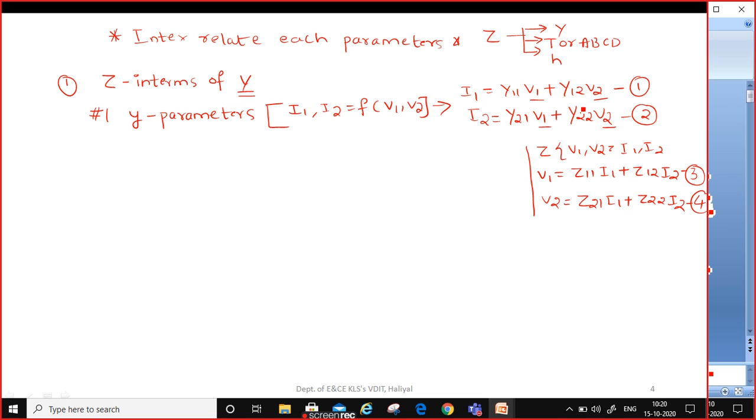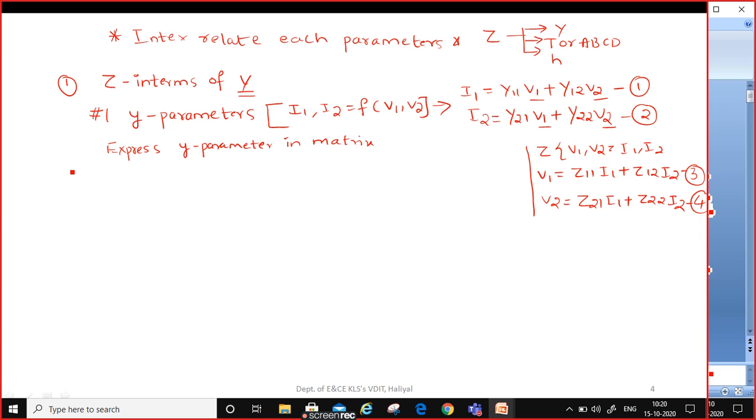So what you have to do is express the y parameter in matrix form. First you write it down in matrix form.